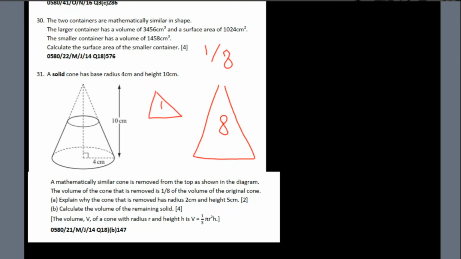So this length is 4 and this height is 10. Explain why the cone which is removed has radius 2 and height 5.